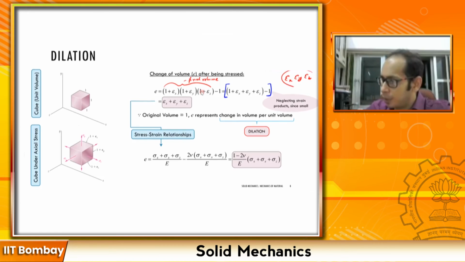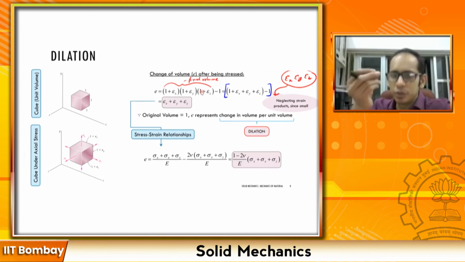So this is essentially what is written over here, that we neglect strain products since they are small. You will get epsilon x, epsilon y, epsilon z. So you see that this eventually boils down to this very simple relation, that your change in volume is simply the summation of the strains that you are getting.